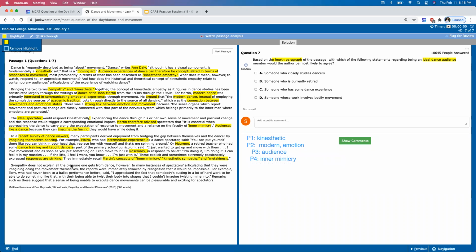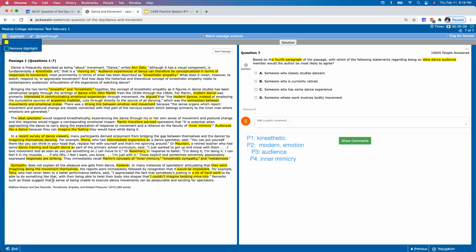Okay, last paragraph. So whenever they mention however, that's usually really important. It's not just sympathy. So they were imagining the movement. And then they say that it was impossible. So this person, Tony's never been to a ballet. He said he appreciated that they would put a lot of hard work, and he couldn't imagine doing that.